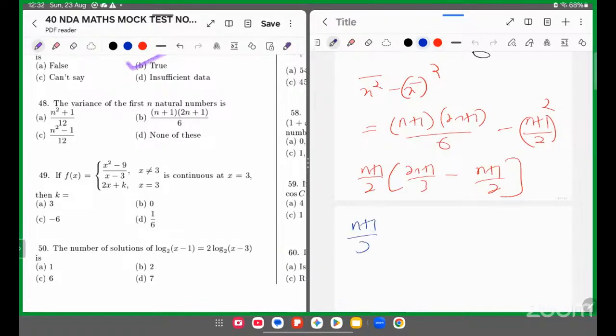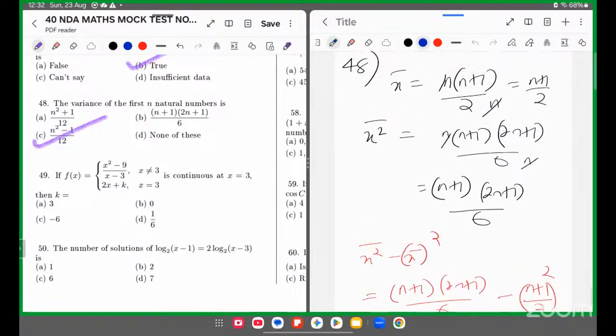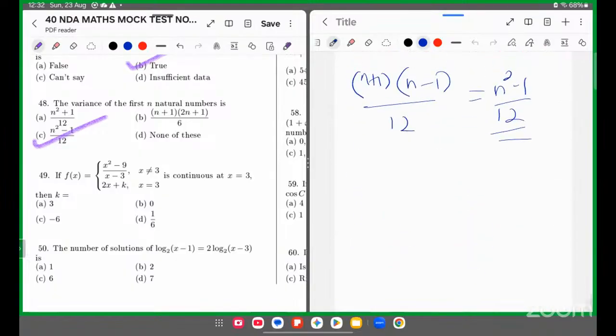So n plus 1 by 2, 2 into 2 is 4n, 2 minus 3n minus 3 divided by 6. So n plus 1, 4n minus n minus 1 divided by 12. So n square minus 1 by 12 will be the answer. So option C is the answer. Okay. So that is the answer for question number 48. Question number 49.